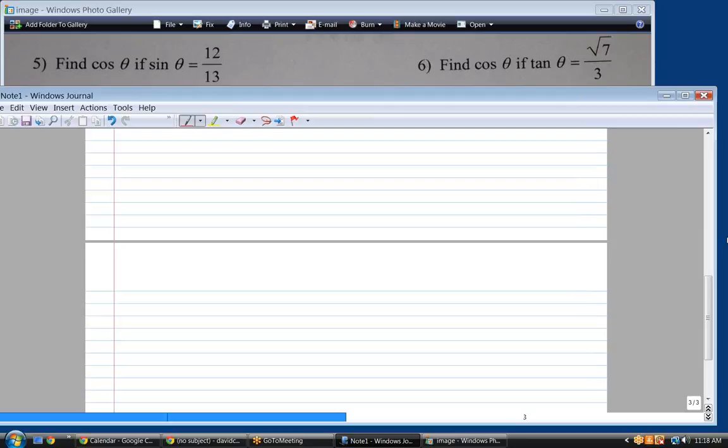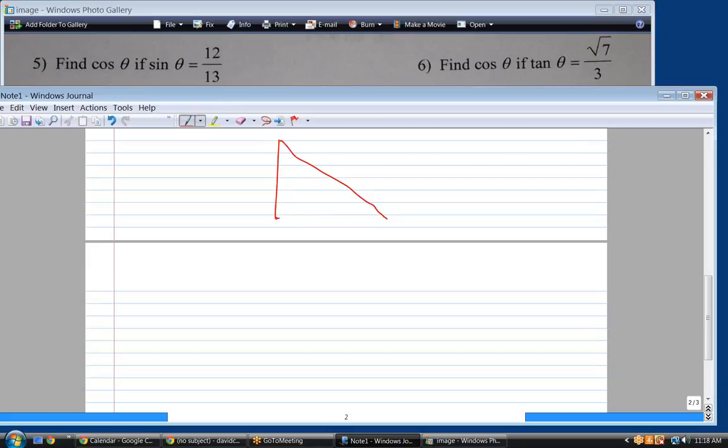And all you have to do is draw a triangle. If they tell me the sine of theta is 12 over 13, my first step is I draw any triangle, label theta, very important, and start dimensioning this triangle.